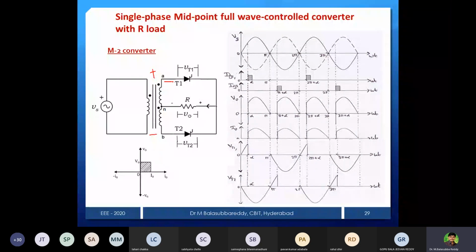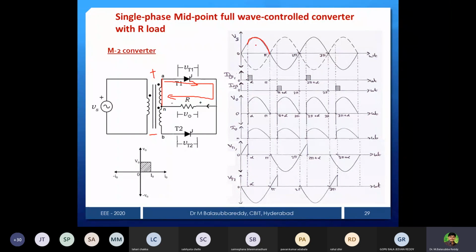Now current is passing through T1, it goes to R. That is during the positive half cycle. So in this instant, what is the output? Same as the upper winding, that is Vm sin omega t. So output is the same as input only.